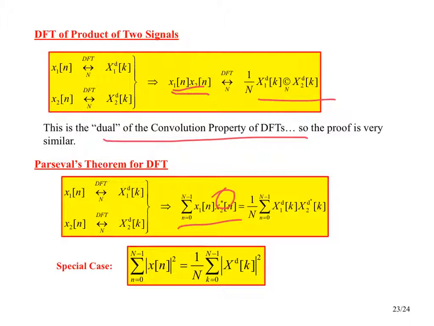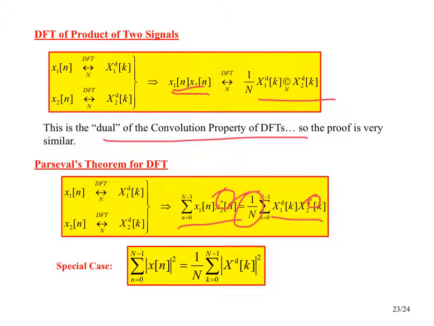And we take the product of x1 times x2 conjugate, add up all those results, that will be equal to doing the same operation in the DFT domain, conjugating one, adding them all up. The only thing is we need to account for the 1 over N, which is kind of the nuisance constant out in front of the IDFT.